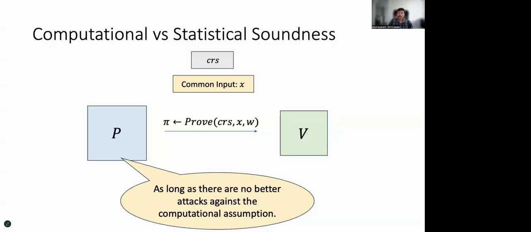As a consequence, we want our proof system to satisfy statistical zero knowledge so that we get everlasting security, and we have to rely on computational soundness.